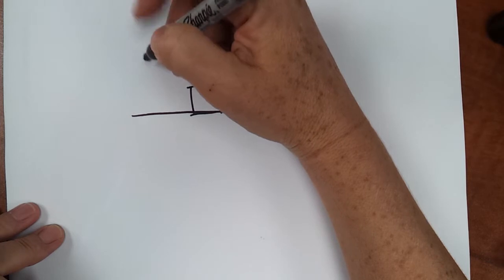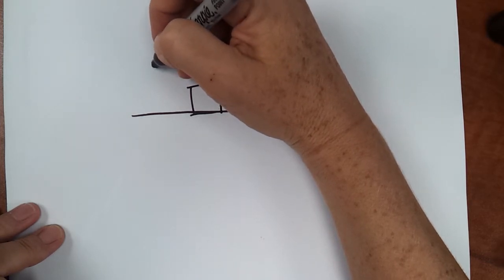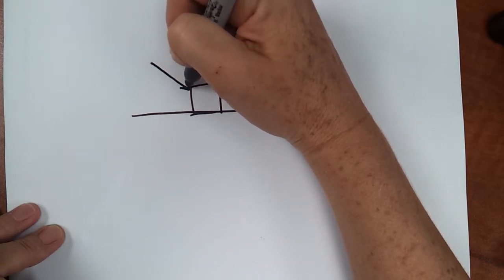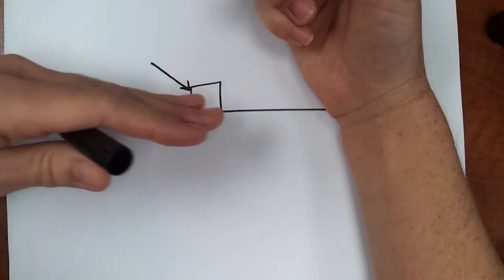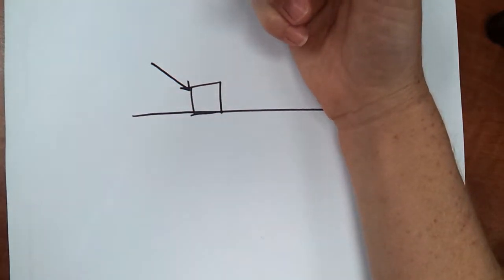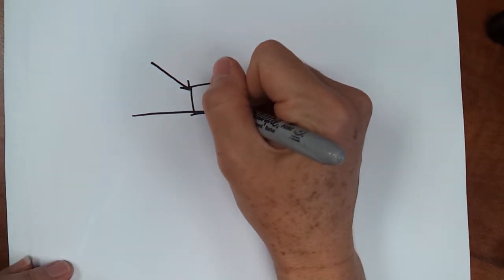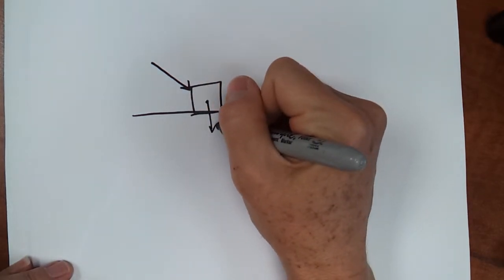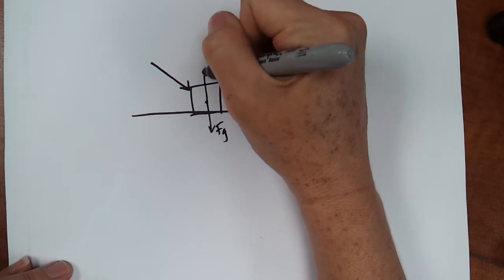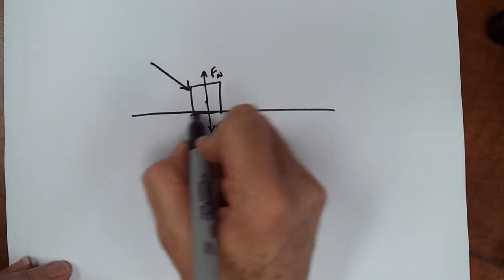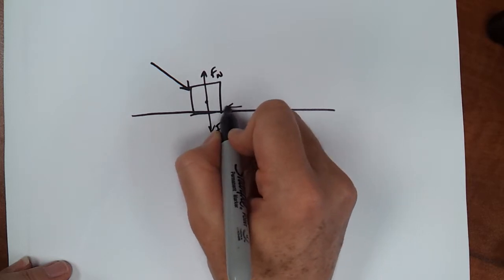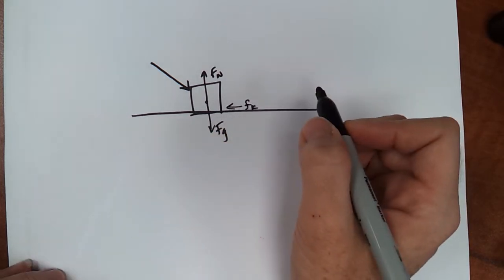But let's say it's like a grocery cart, and when I push on a grocery cart, I push down on the handlebar like that. I don't walk parallel to the grocery cart because that would be kind of weird. I have my Fg, my Fn, right? And let's say that I have friction as part of that.